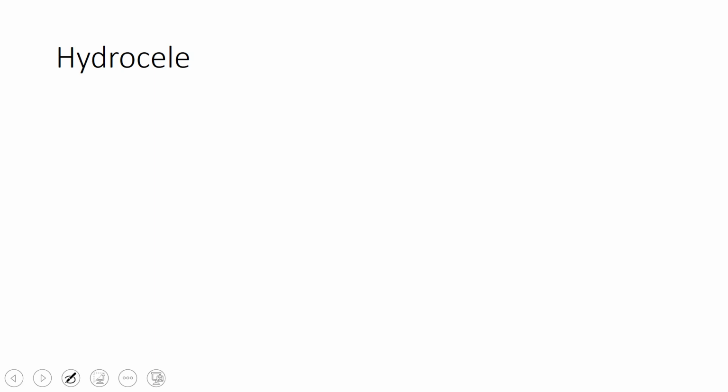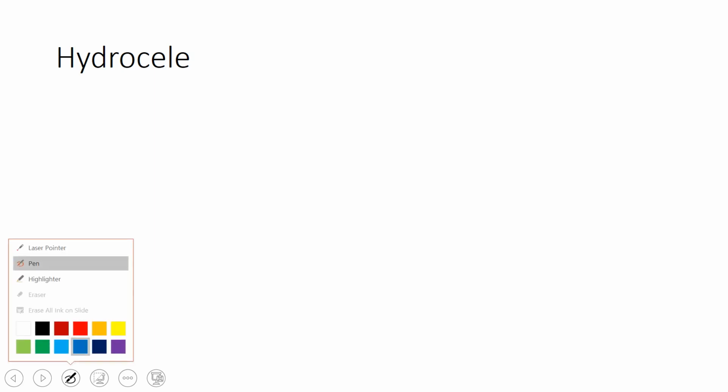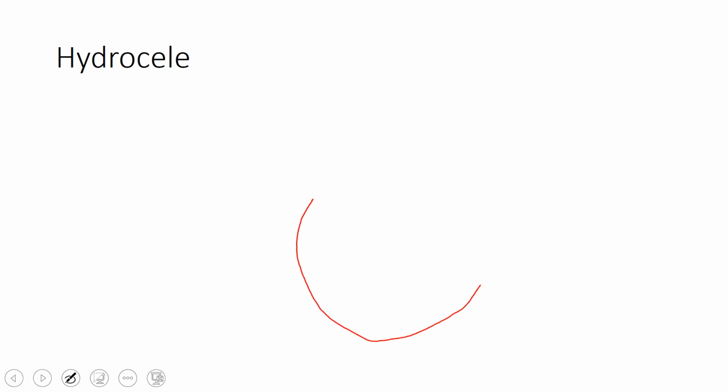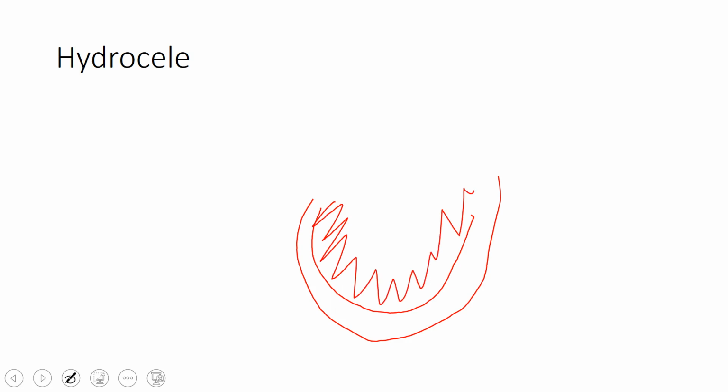With a hydrocele, what's occurring here is there is a fluid collection within the tunica vaginalis. If you remember, the testicle has all these layers, and one of the layers is the tunica vaginalis. A bunch of fluid accumulates, not blood, it's just lymph. It's like water almost, with mixed bodily fluids in it.